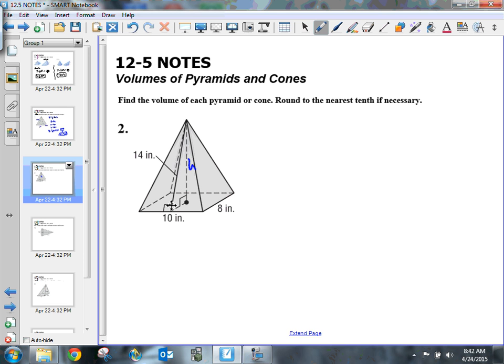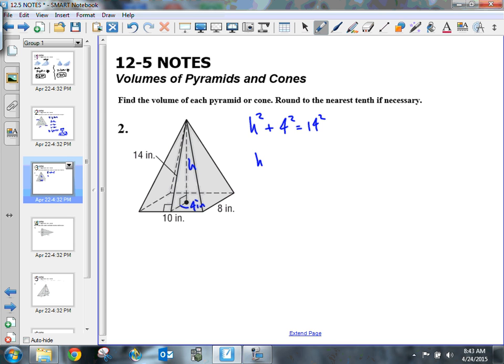Now what I know is that this creates a right triangle on the inside here, and this is half the distance of 8, so this is a length of 4 inches. If I wanted to solve for h, I would need to set up the Pythagorean theorem. I have a friend, his name is Pythagoras, and he helps me find lengths of triangles. So I've got h squared plus 4 squared equals 14 squared.